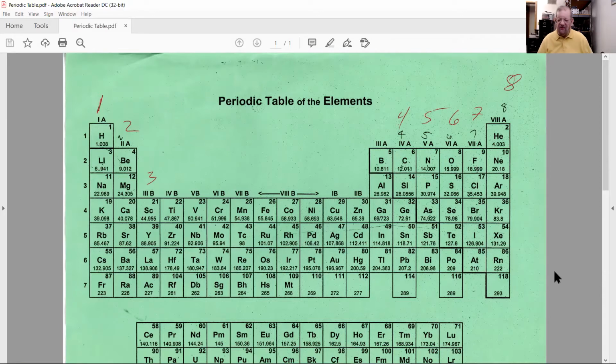Oh, let's do another one. This is a real stinky one, but how many valence electrons does sulfur have? Time's up. Sulfur, chemical symbol S. Nope, it's not the atomic number 16.